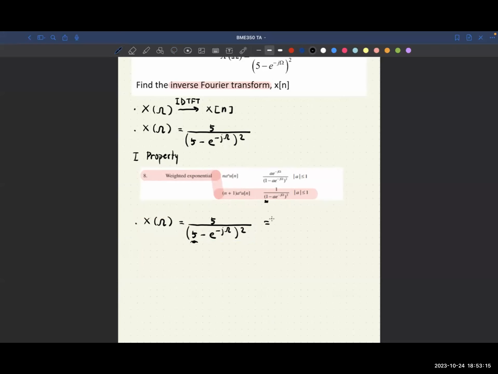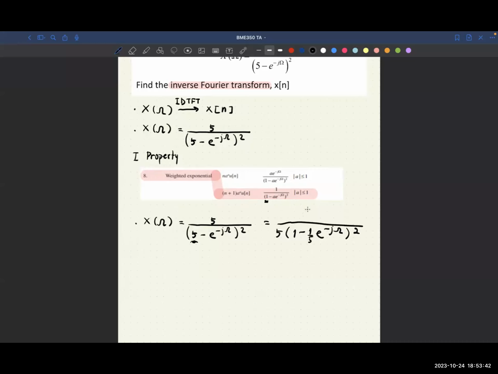I want the 5 in the bottom to be 1. I'll take 5 out. And what will remain in the bracket would be 1 minus 1 over 5 e to the power of negative j omega, squared. Right?